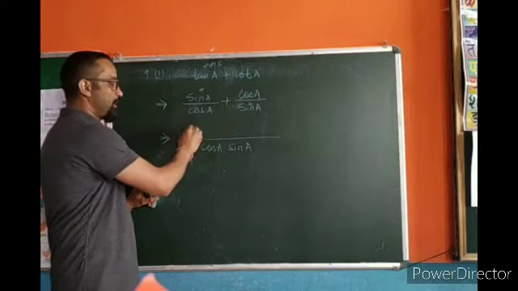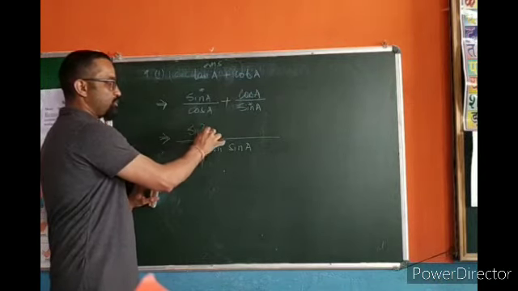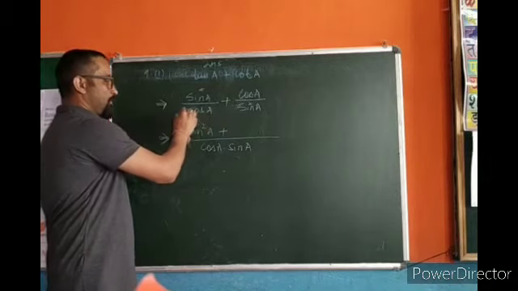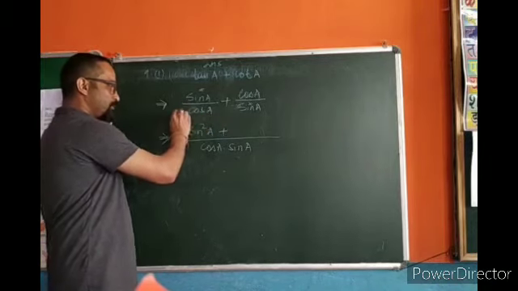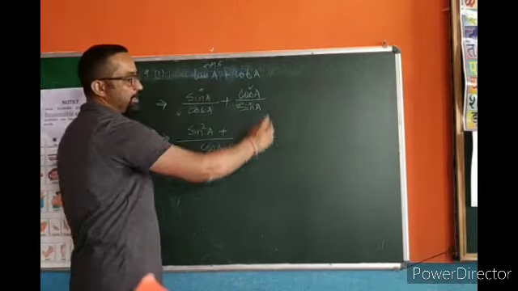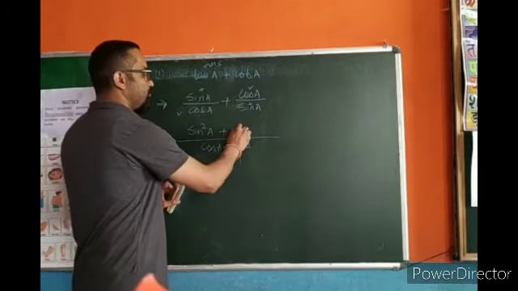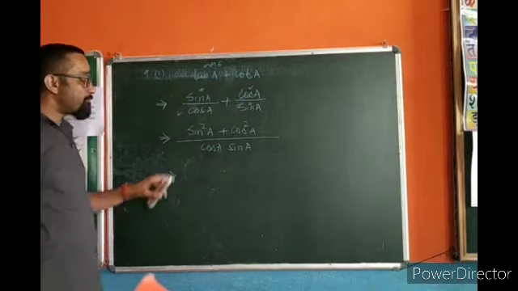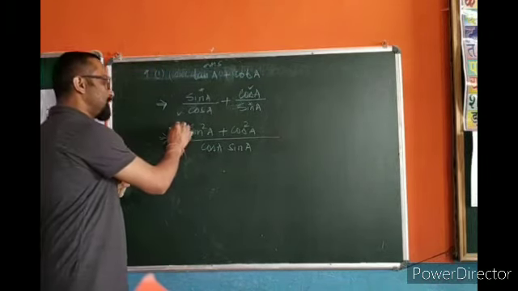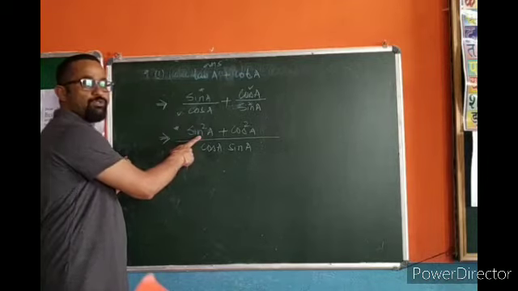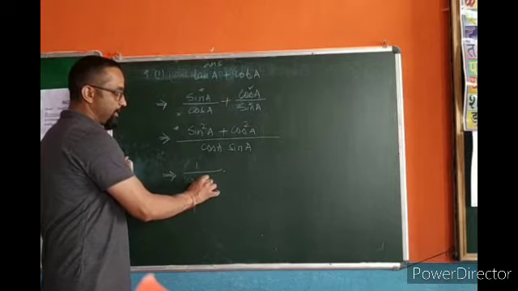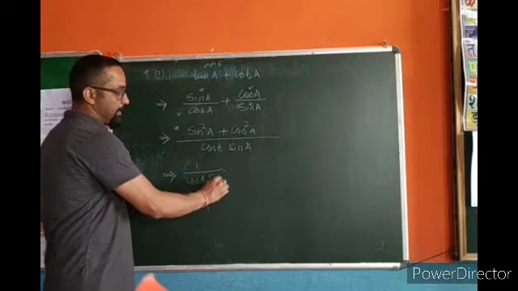These two multiply, you get sin square A, plus the denominator of the first multiplies with the numerator of the second, you get cos square A. After this we use the identity. Sin square A plus cos square A is 1. 1 divided by cos A sin A.